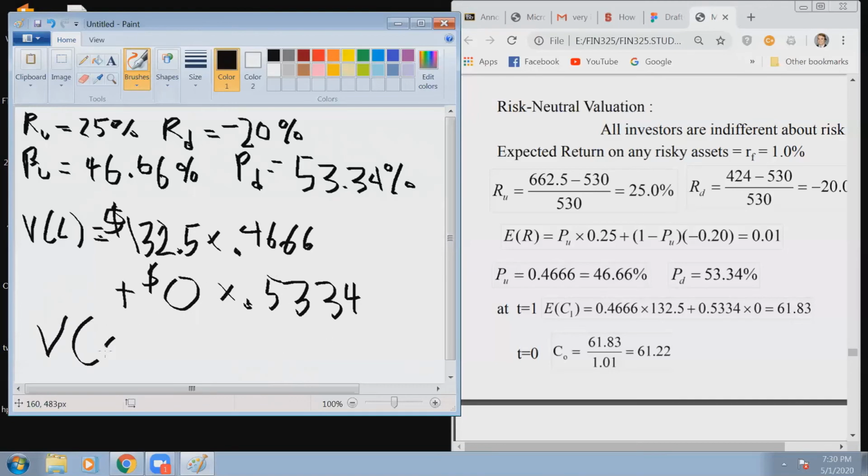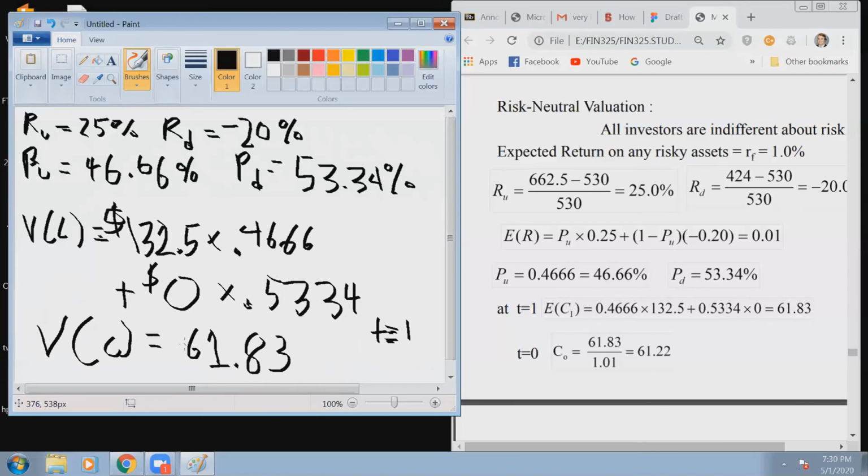And if you calculate this out, you will get the exact same number that we got before, in year two for the call, which is $61.83.